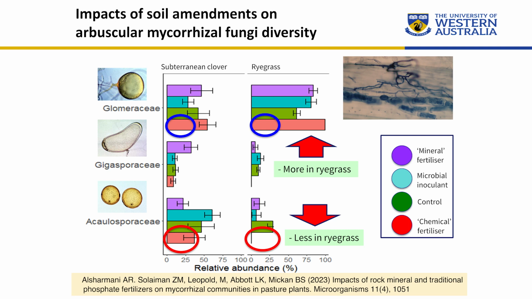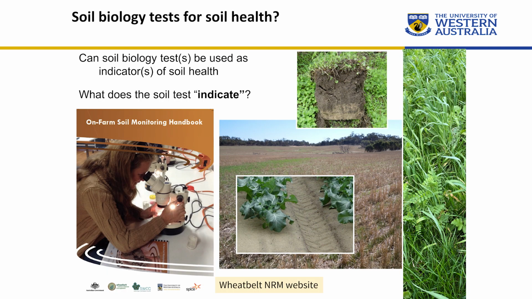But I say that this subtle difference probably has no effect on their function. So while you get communities of these fungi inside roots, it may not affect their function. That's a long, complicated story, but if there's any questions later, we can talk about it.